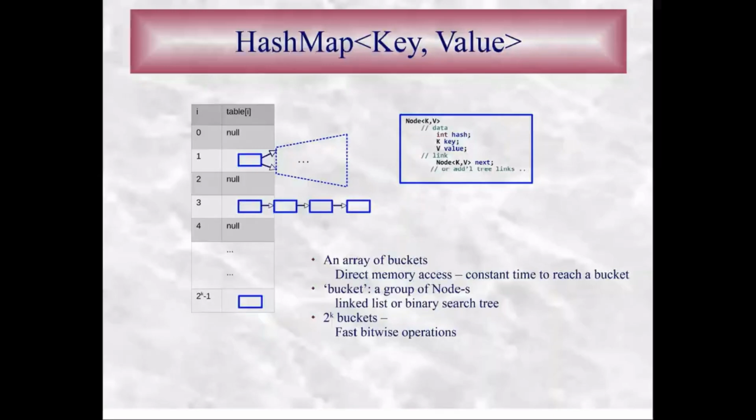And if that happens, the magic number here is 8, then these nodes are organized as a binary search tree. The linked list is torn down right there and then, and they are organized as a binary search tree, a red-black tree to be exact.